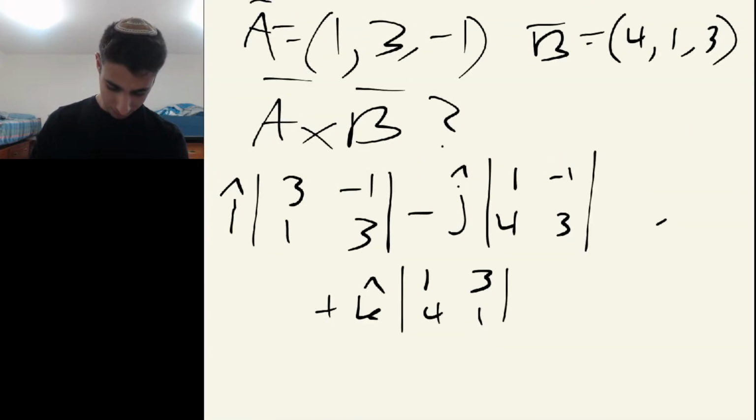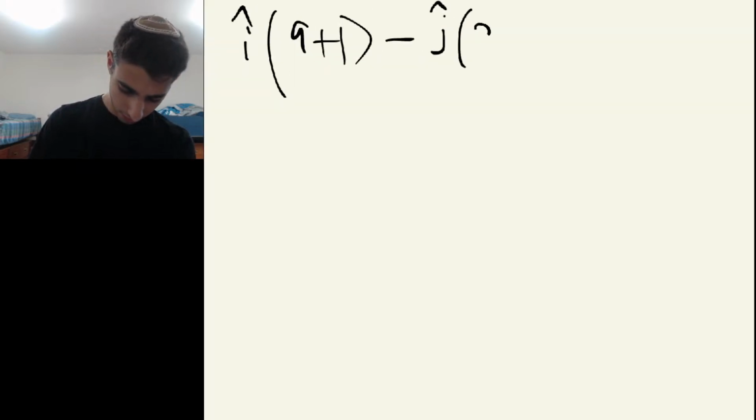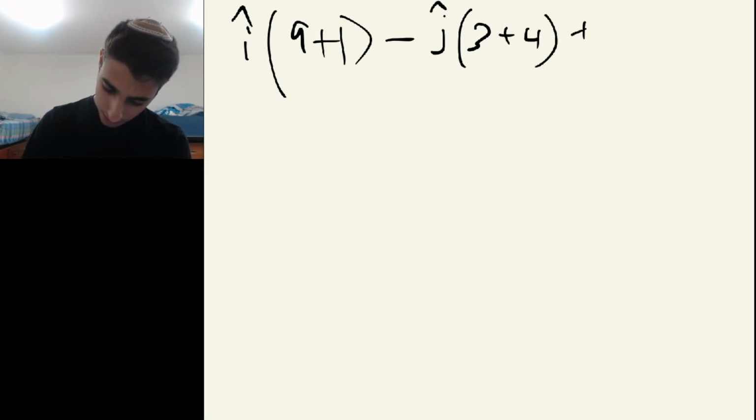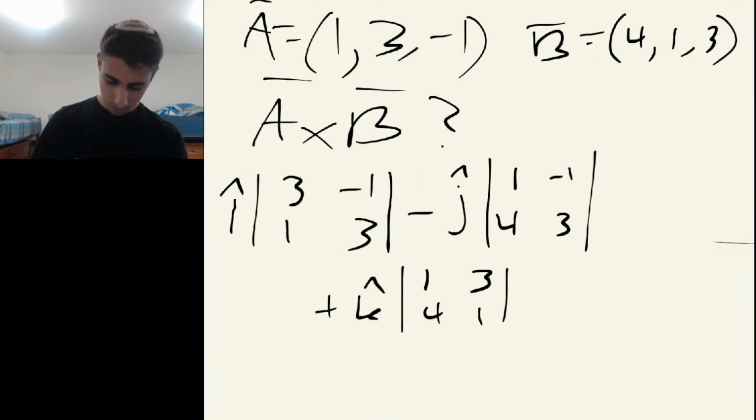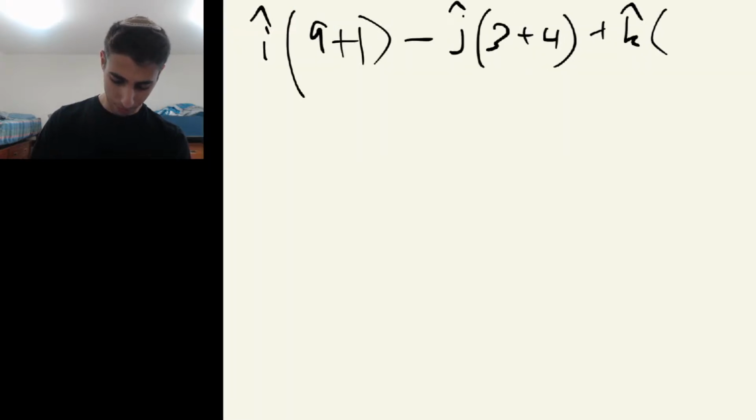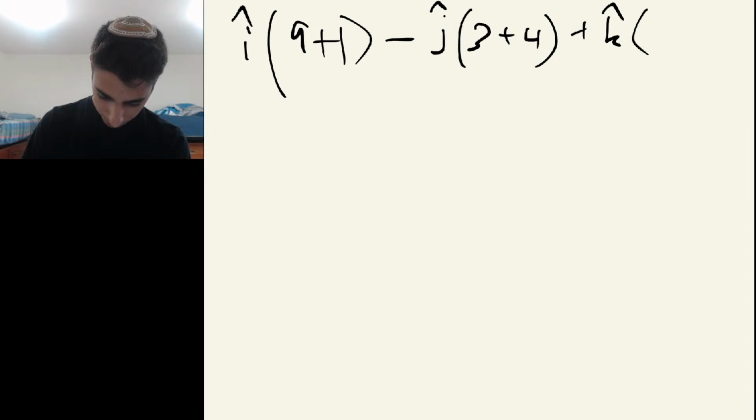So that's going to be 1 times 3, it's 3, minus negative 1 times 4, which is going to be plus 4. So 3 plus 4. And that plus k hat times its determinant, which is going to be 1 times 1 is 1, minus 3 times 4 is 12, so 1 minus 12.